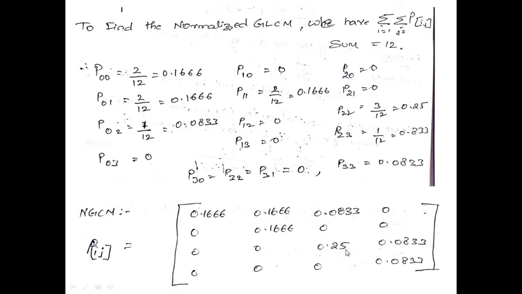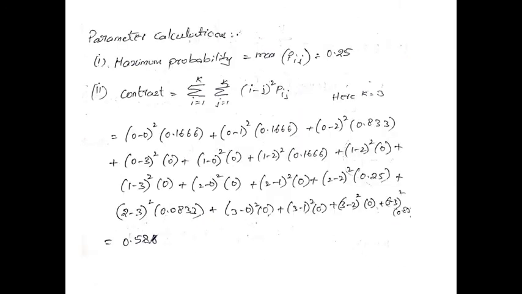As this is the largest entry in the matrix, it is the strongest response in this normalized GLCM. Now I need to perform parametric calculations, because I need to evaluate the second order statistics. So the maximum probability is 0.25.